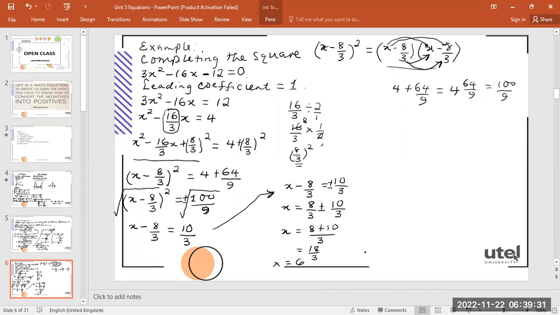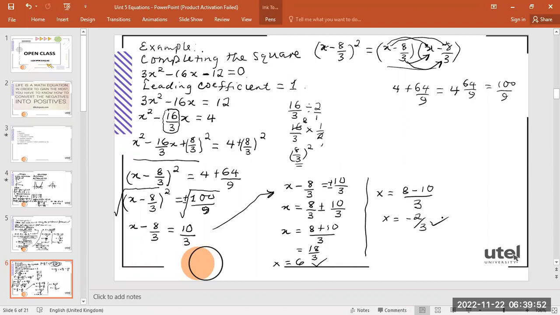Then for the negative, x is equal to 8 minus 10 divided by 3. This gives us x is equal to 8 minus 10, which is minus 2, divided by 3. You can see we've still obtained exactly the same solution in this case.